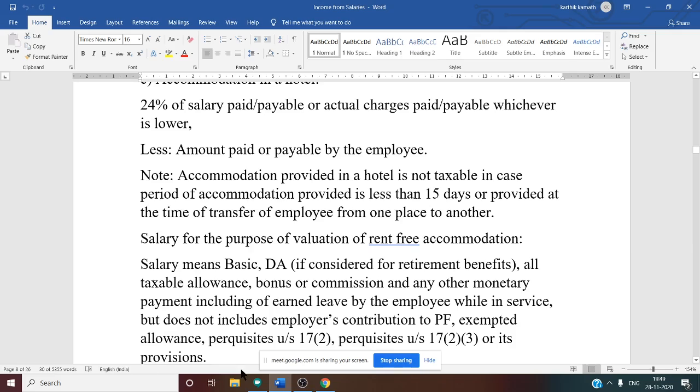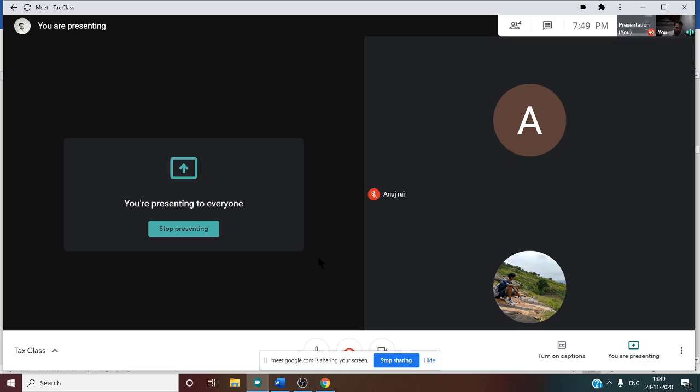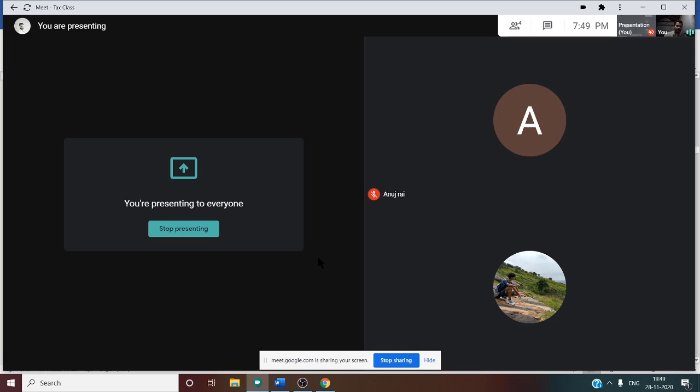From this chapter, I will tell you what is important, because this chapter is very lengthy. One important thing is calculation of rent-free accommodation. What are the rules for rent-free accommodation? We have to consider certain percentages and the population of the cities. Then rent paid by the employer: if a house is rented, the employer is going to pay the rent even though it is given to the employee.